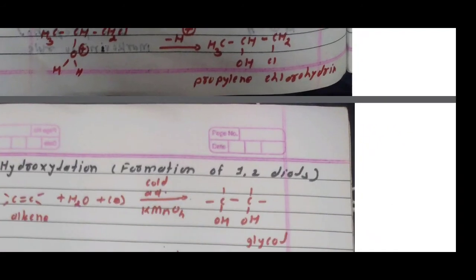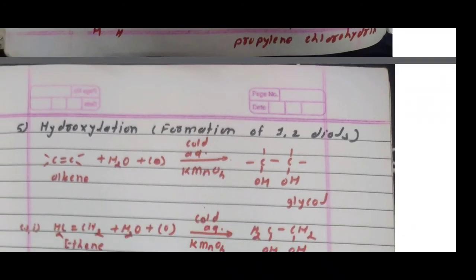Then further we see reaction number 5, hydroxylation. Here hydroxylation means formation of 1,2-diols. Here compounds containing double bond, that is alkene C double bond C, on treatment with cold aqueous solution of potassium permanganate add two hydroxy groups across the double bond to form a 1,2-dihydroxy compound known as glycols or 1,2-dihydroxy alkanes.